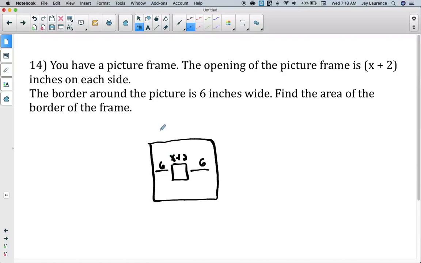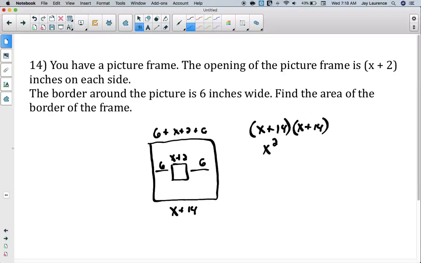So let's see, I think this is going to be 6 plus x plus 2 plus 6, which is going to be x plus 14 on each side. So I'm going to have x plus 14 for the big square. Again, if you haven't tried this, you should be doing it on your own.